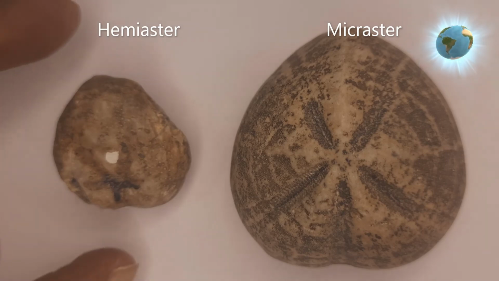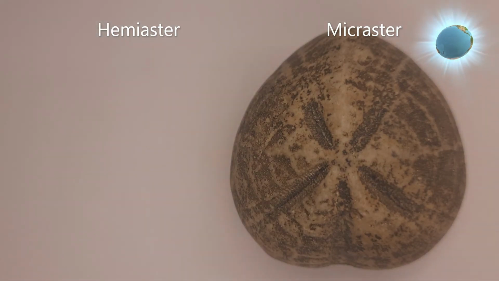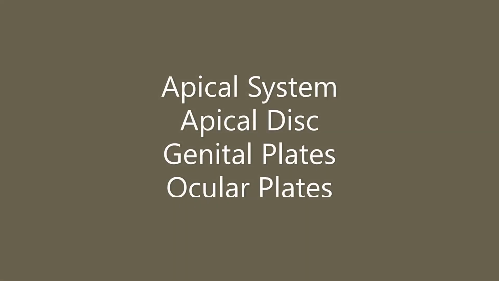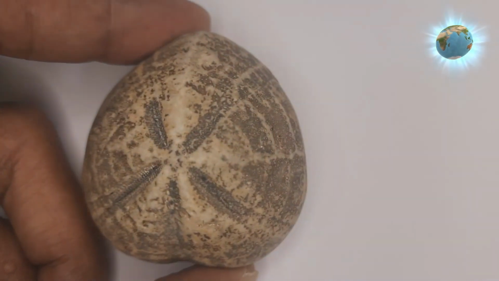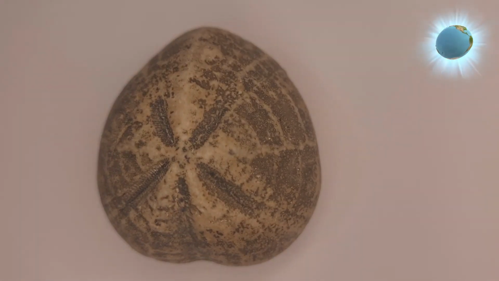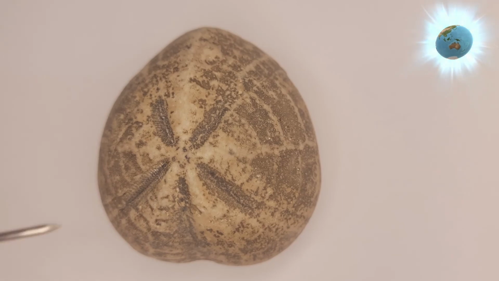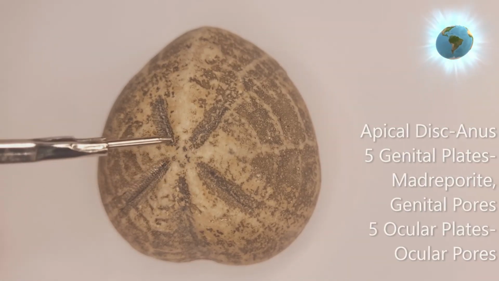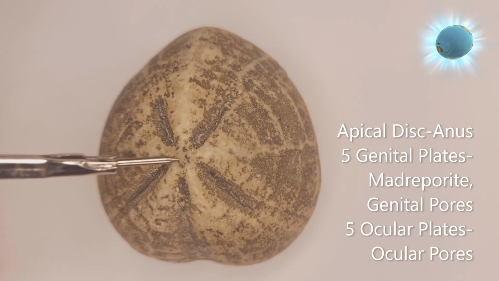So let's take one by one. As I told you, this is the apical system. The anus is present at the center of it.